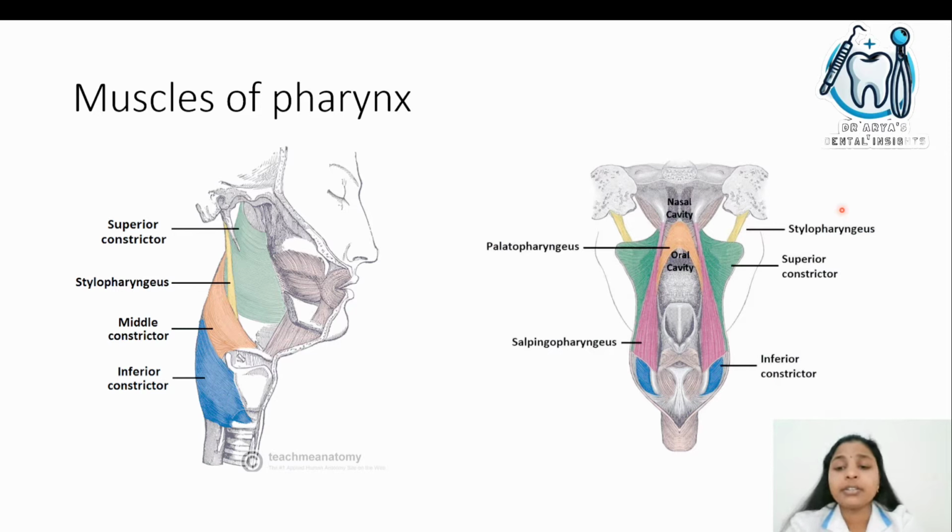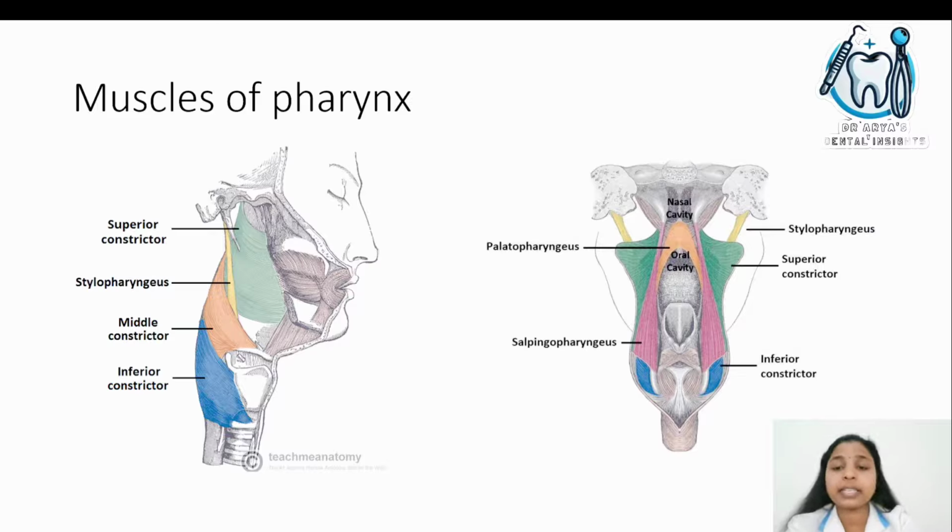So here you have to know what is the innervation for the muscles of pharynx. So all the muscles of pharynx except stylopharyngeus are innervated by the vagus nerve. But stylopharyngeus is innervated by the glossopharyngeal nerve.